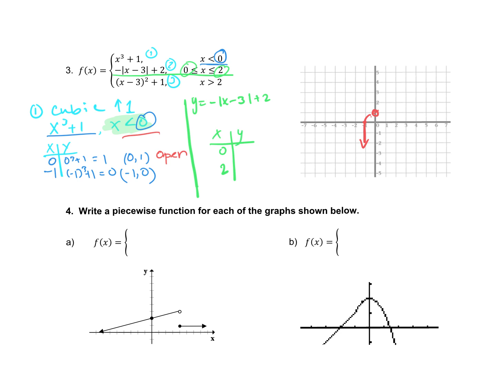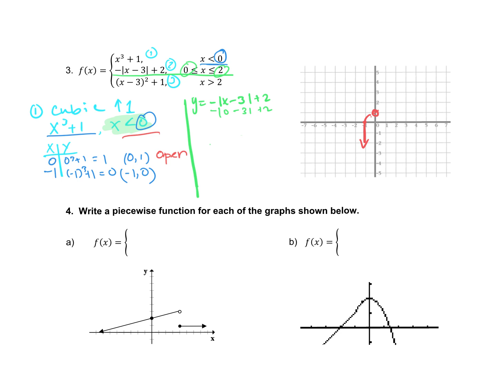Now substitute those two values in for x in the function up here at the top. So it's negative absolute value of 0 minus 3, plus 2. Now remember that you have to do what's inside. I want you to think of this as grouping symbols. When you think of absolute value, it is grouping symbols.